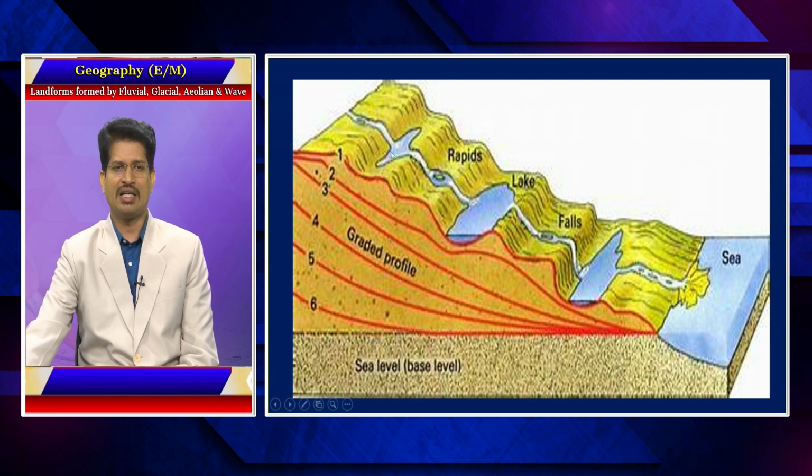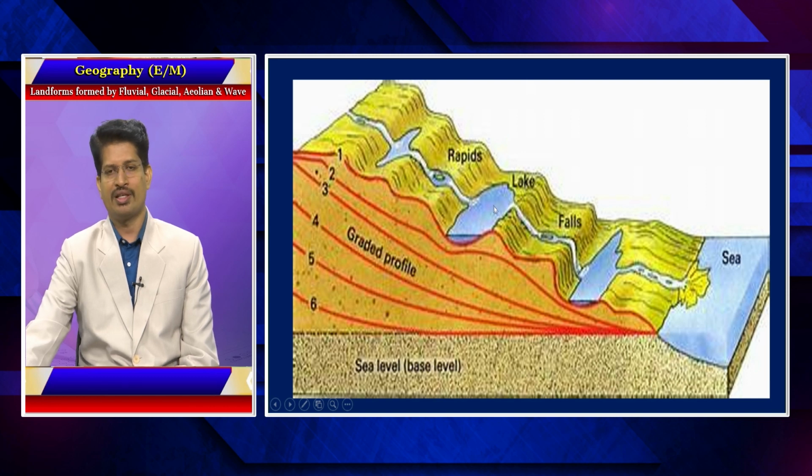When there are alternate hard and soft rocks in continuous layers, the hard rock, because of resistance, consumes more time for erosion and will be at a higher elevation, whereas the soft rock will be eroded. So, an alternate arrangement of hard and soft rock leads to the formation of continuous small waterfalls described as rapids.